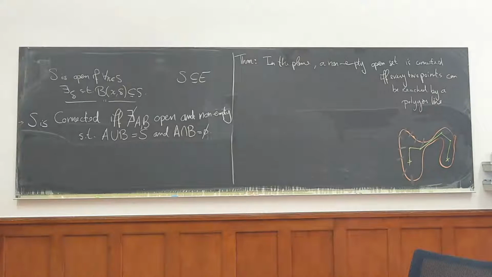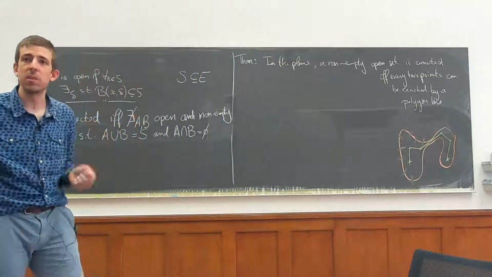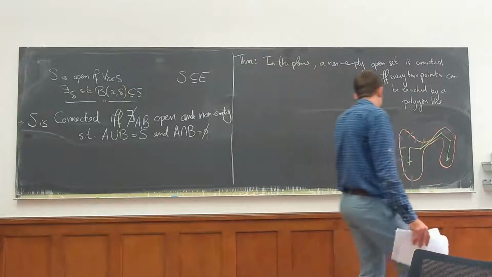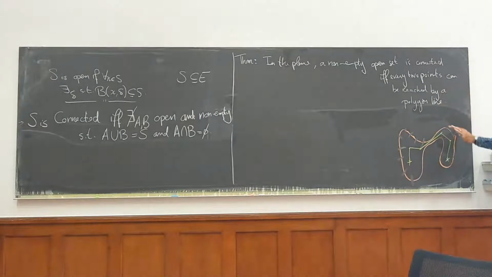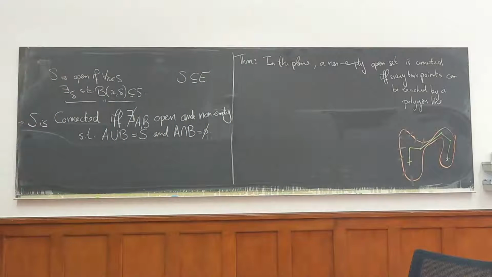This would be a polygon line: a curve with a finite number of components, and it's piecewise linear. But we don't have to define exactly what a polygon line is. It's exactly what you think it will be, and in the proof it will be clear.